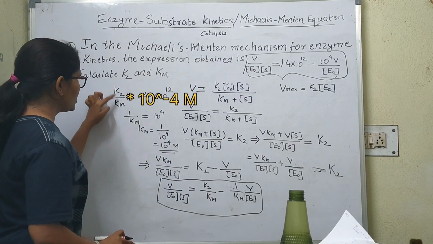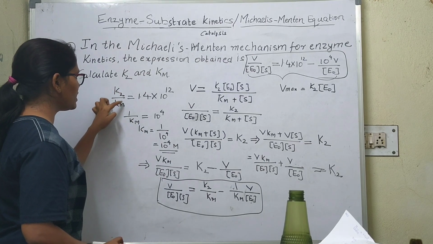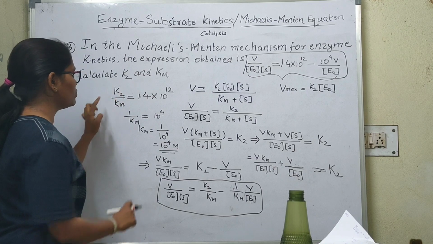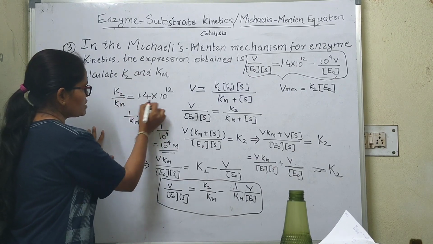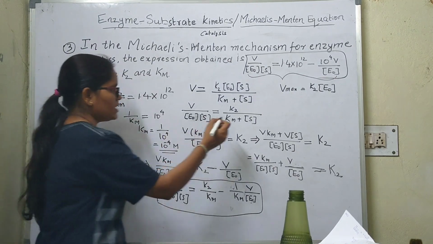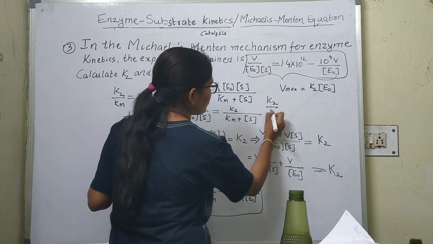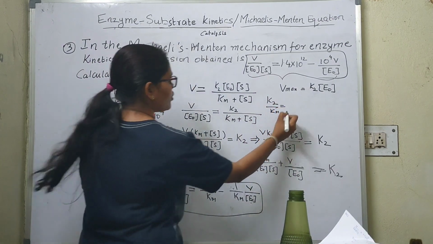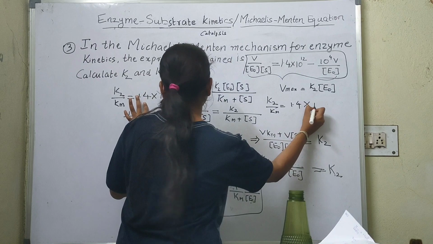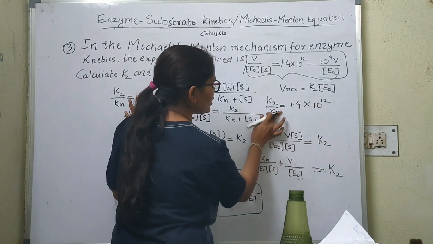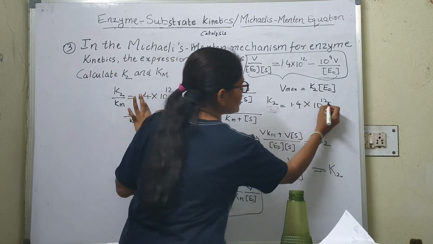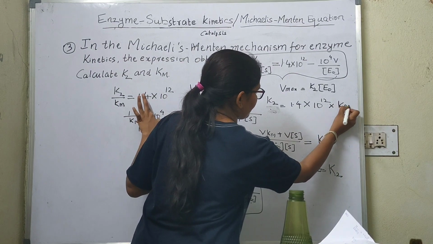Now I have K2 by Km. So from K2 by Km I can find the value of K2. So K2 by Km is this much. I'll write it here. K2 by Km is 1.4 into 10 power 12. So K2 becomes 1.4 into 10 power 12 into Km.